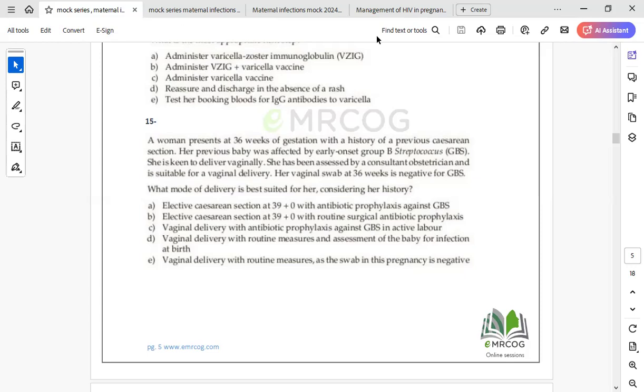Okay, I'm getting many C's. So you all agree that this patient needs IAP, even if her vaginal swab is negative?